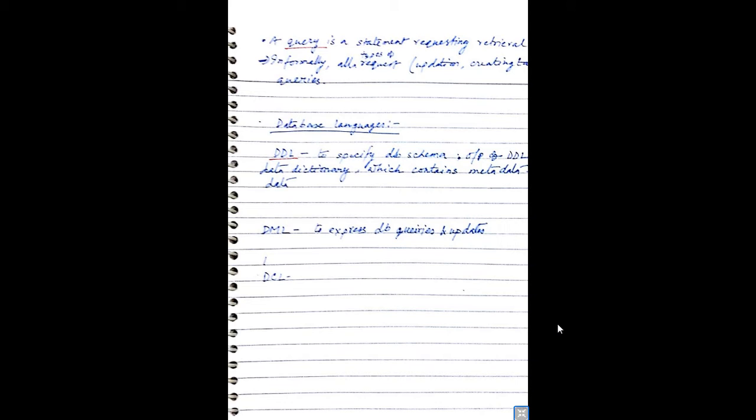DML works on the instance of the database.